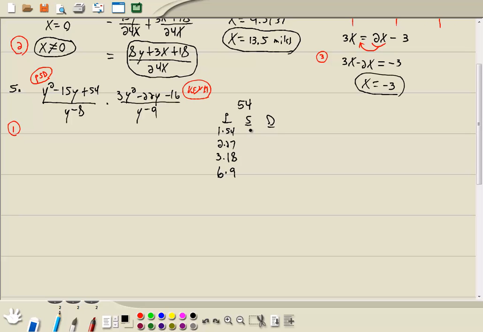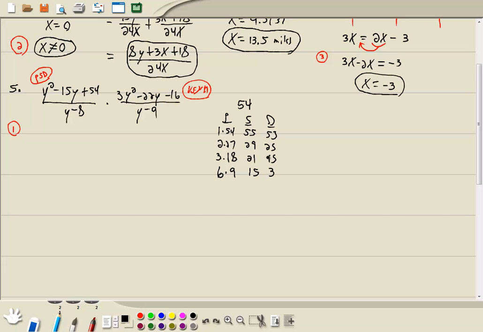Add them. 1 plus 54 is 55, 2 plus 27 is 29, 21, 15. Subtract them, smaller from larger. 54 minus 1 is 53, 27 minus 2 is 25, 15, and 3.